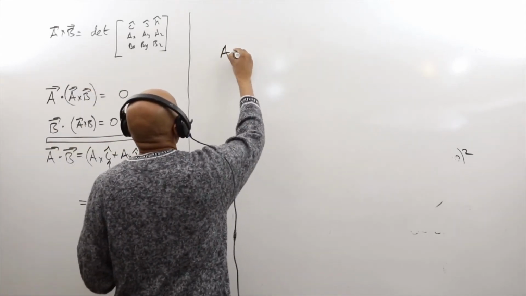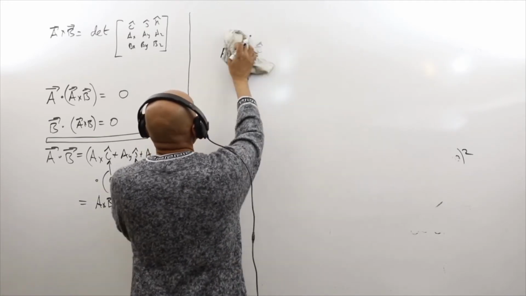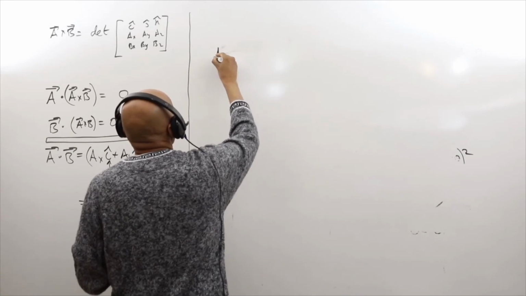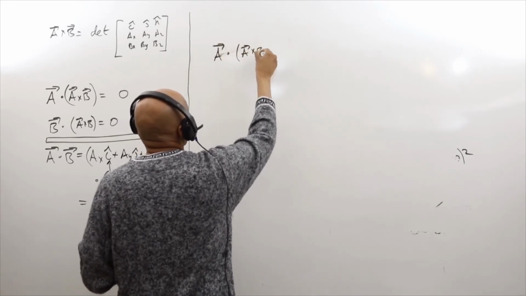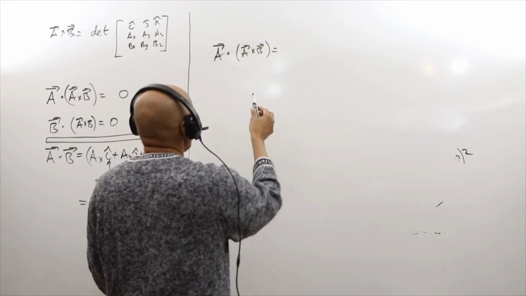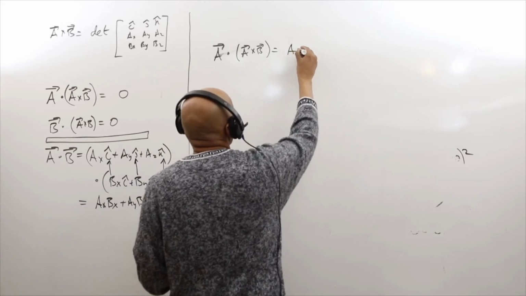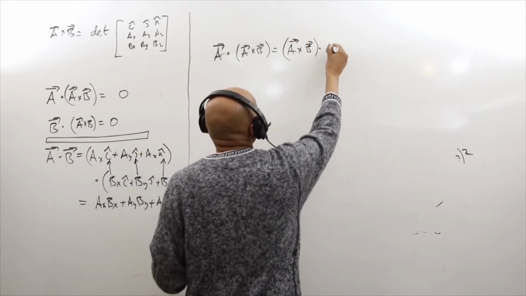So a dot a cross b, these are vectors. From definition, we know the dot product doesn't depend on the order, so I can replace this with a cross b dotted with a.